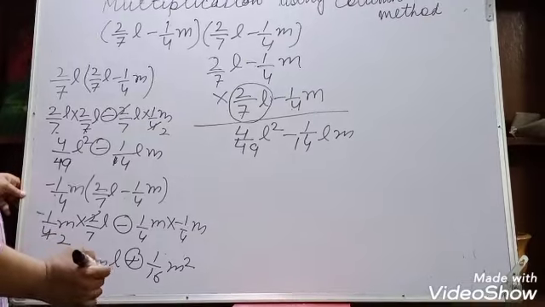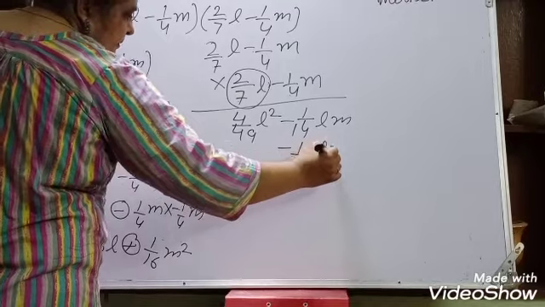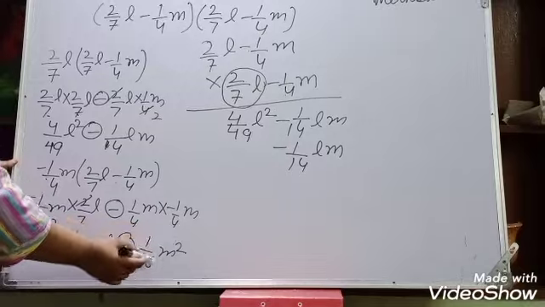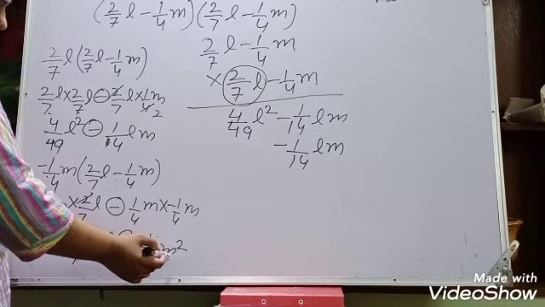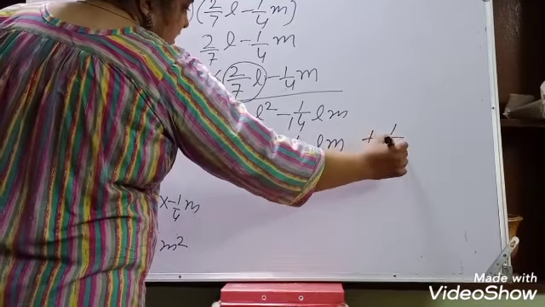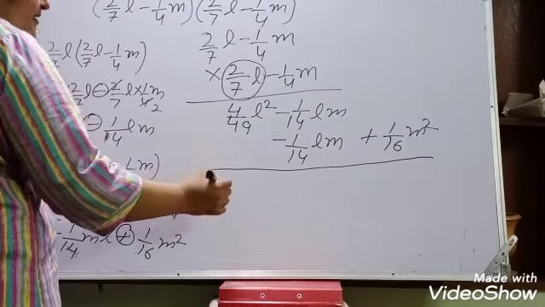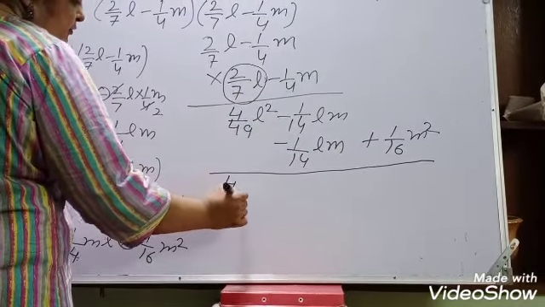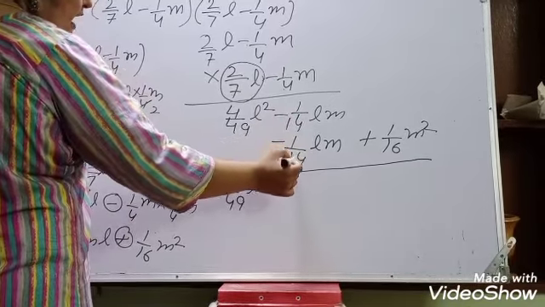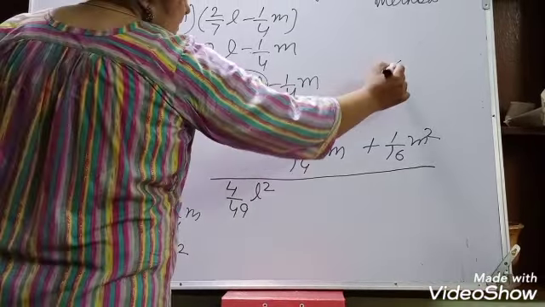So class, here I'll write 1 over 14 lm, like terms. You have to write like term below the like term, and since 1 over 16 m square is not having any like term over here, I'll write it separately, plus 1 over 16 m square. Now what am I going to get as my answer? 4 upon 49 l square, minus 1 over 14 and minus 1 over 14, both are having same sign, so I will just add up.